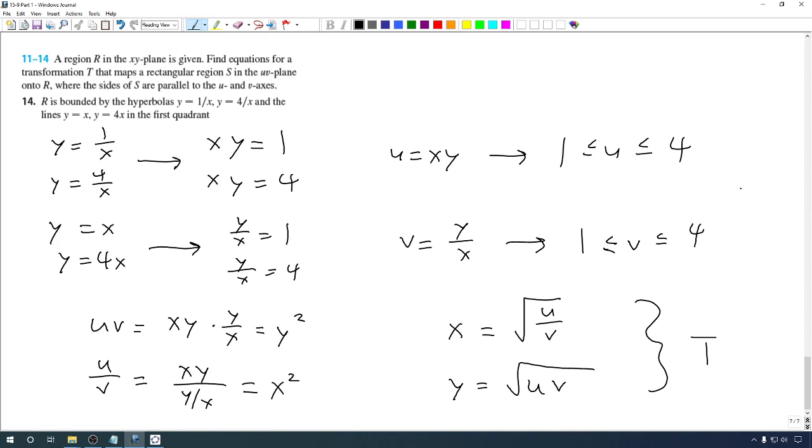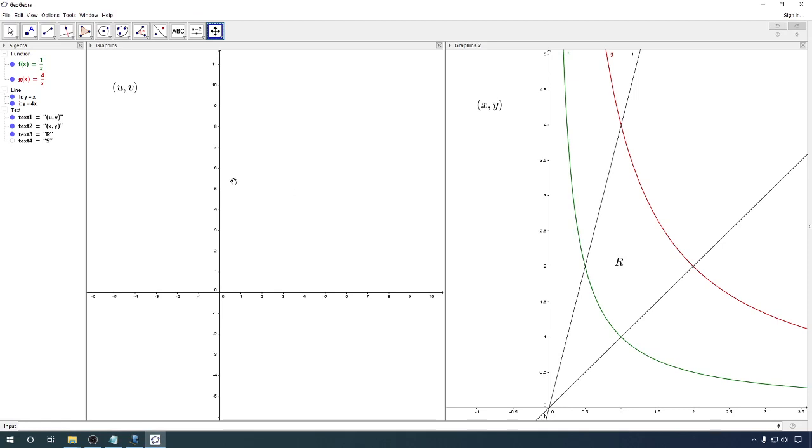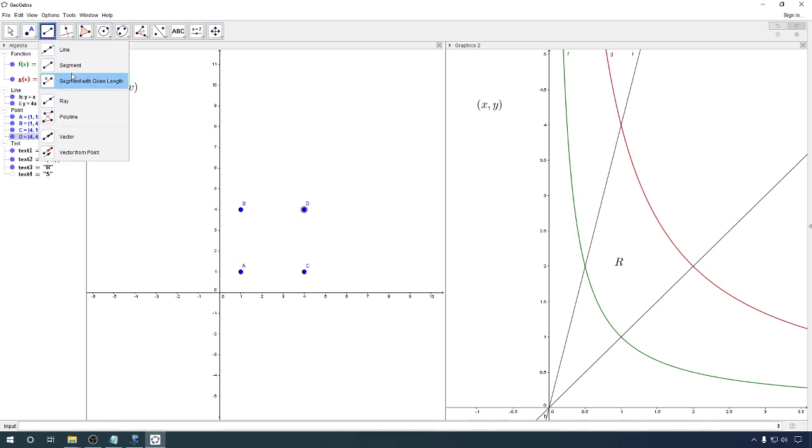And of course, our u and v are over here in our uv plane. Those are the points (1, 1), (1, 4), (4, 1), and (4, 4), because remember our u and v are going from 1 to 4.